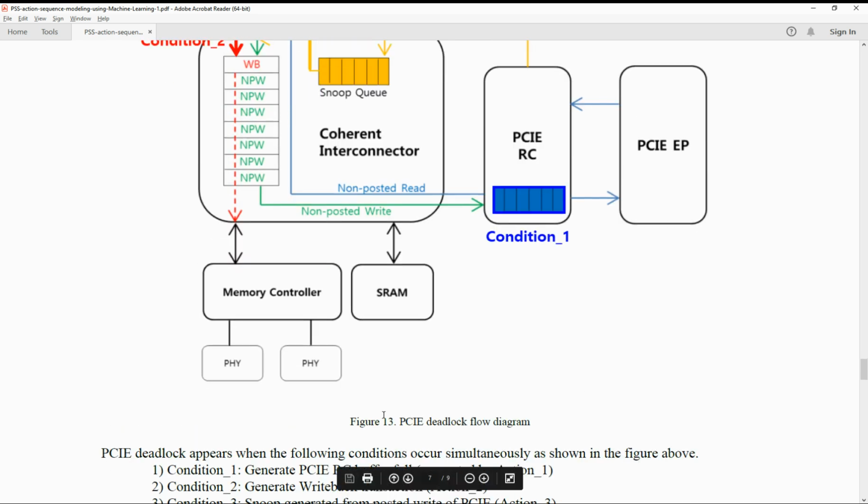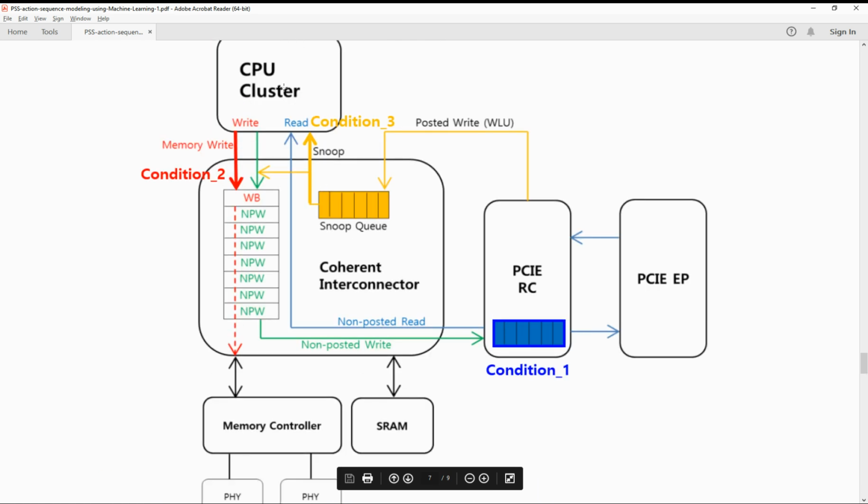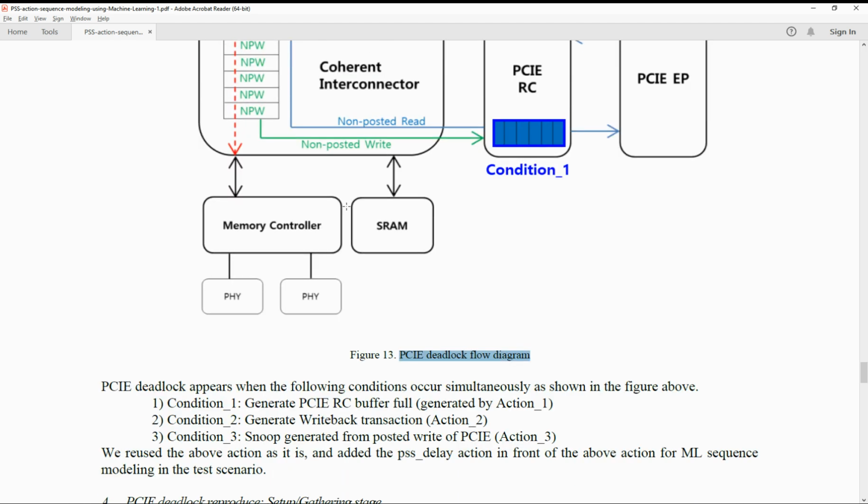Figure 13, PCIe deadlock flow diagram, showing the CPU cluster, PCIe RC, PCIe, and memory controller. There are three conditions.